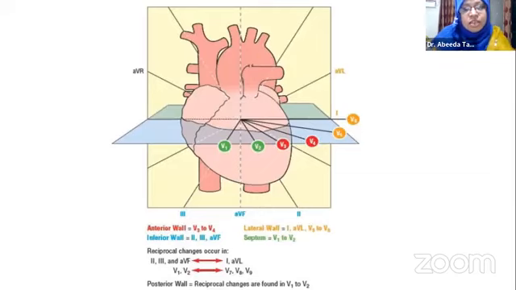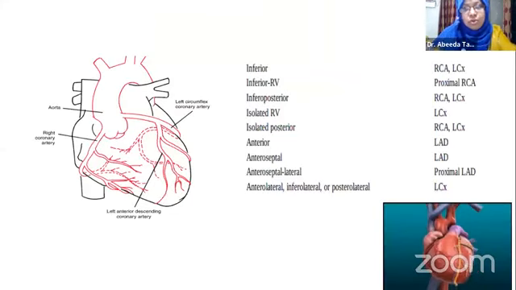We all know about all the leads and which walls of the ventricle they denote. So I'm not going to go through all this, but it is very, very important that during ECG interpretation in acute coronary syndrome, we interpret which part of the heart is involved. Regarding that, we need to know which coronary we have to intervene.